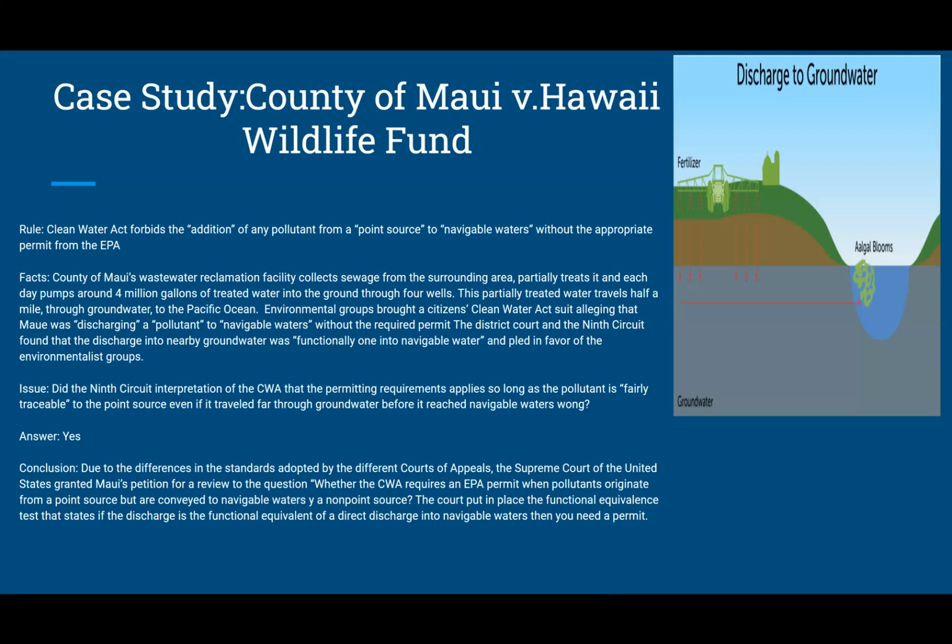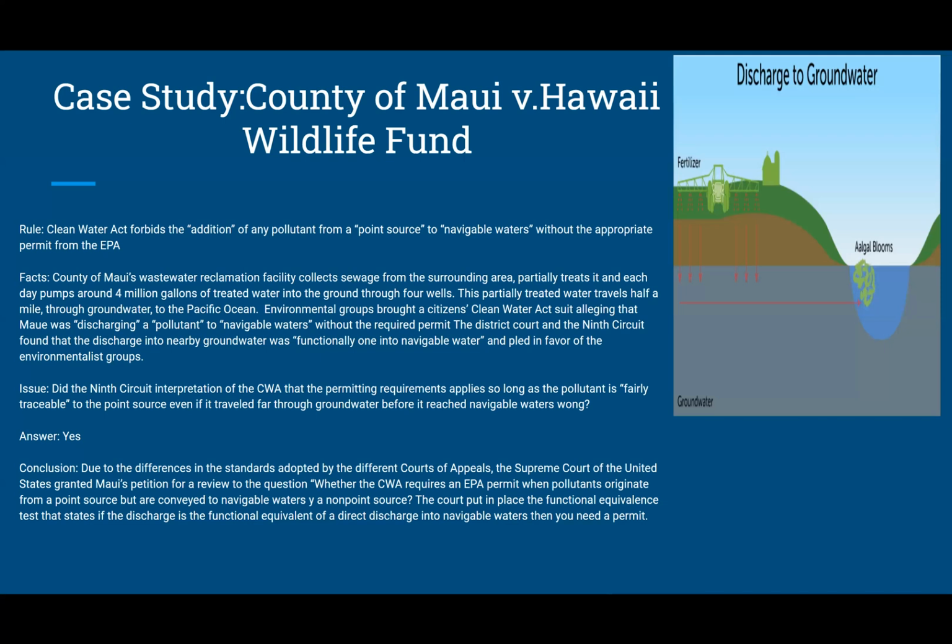So in conclusion, due to the differences in standards adopted by the different courts of appeal, the Supreme Court of the United States granted Maui's petition to review the question whether the CWA requires an EPA permit when pollutants originate from a point source but are conveyed to navigable waters by a non-point source. The Supreme Court actually put like an equation in place for this particular matter, which they call the functional equivalence.